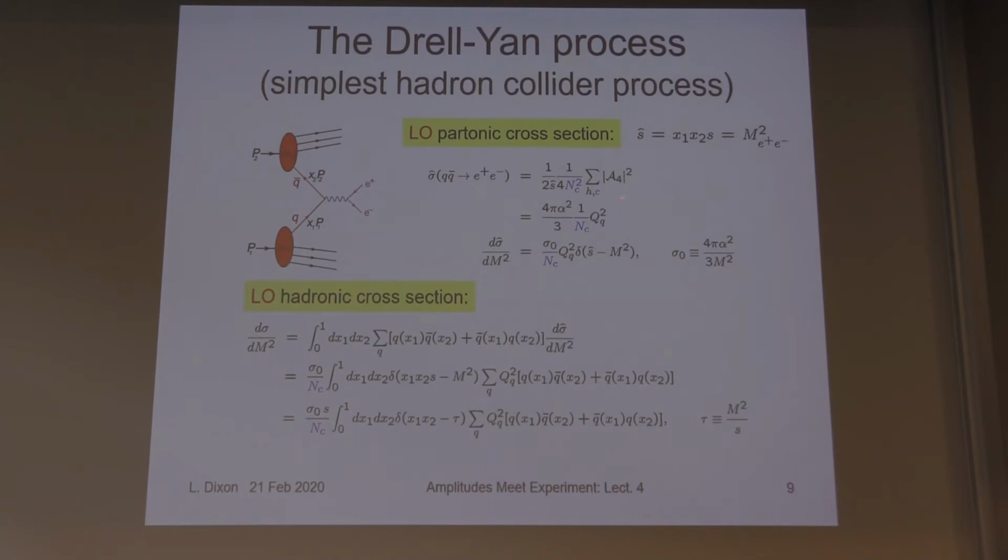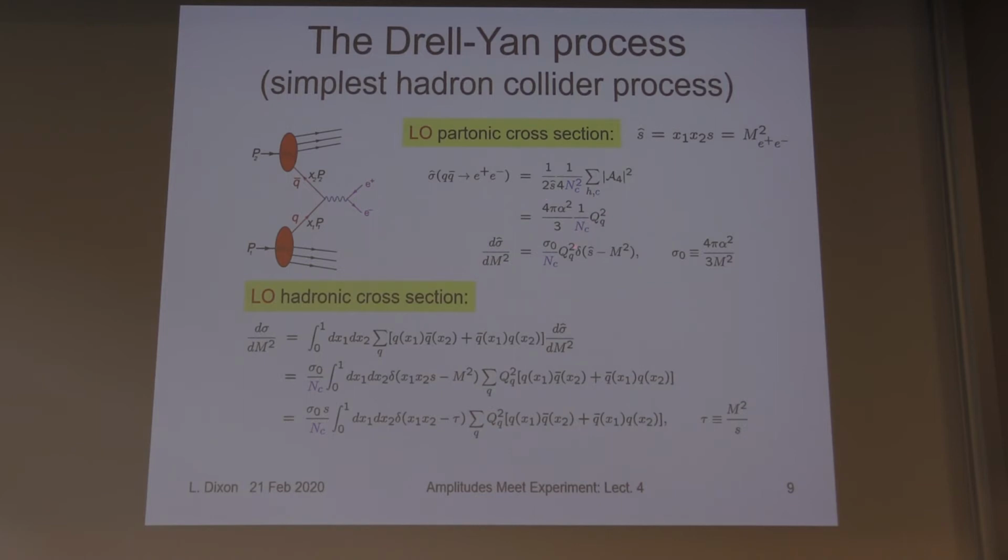But the formula you get when you sum over the square of the 4-point amplitude, which we computed before, and I should have also said you have to integrate over the angles of the electron and positron, you get a standard formula which looks very much like the e+ e- to mu pair cross-section you might have also seen in your field theory courses.